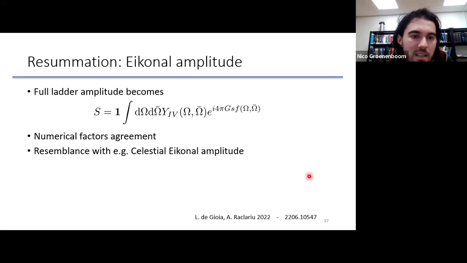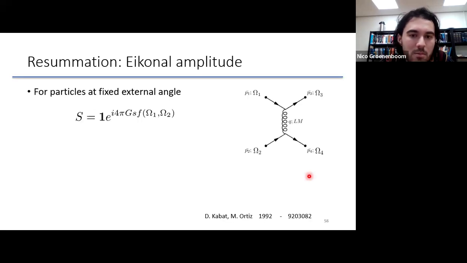And now we can finally ask the question of what happens when we put the particles at some fixed angle. So we do again this resummation of the harmonics. And we find that the S matrix is given by just the complex exponent with the Green's function in the exponent, measuring the difference. Now this Green's function does not have a very nice closed form.